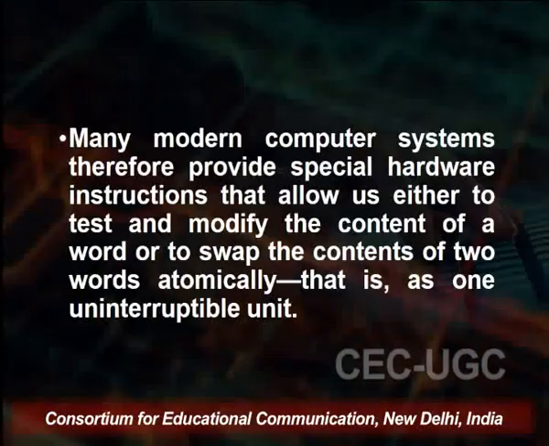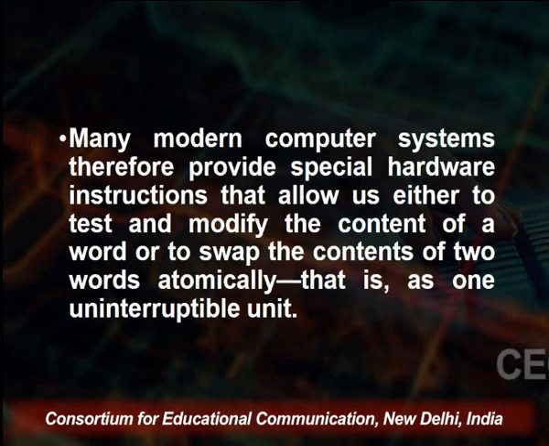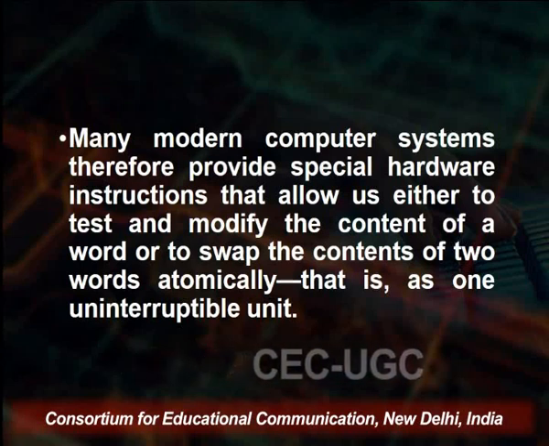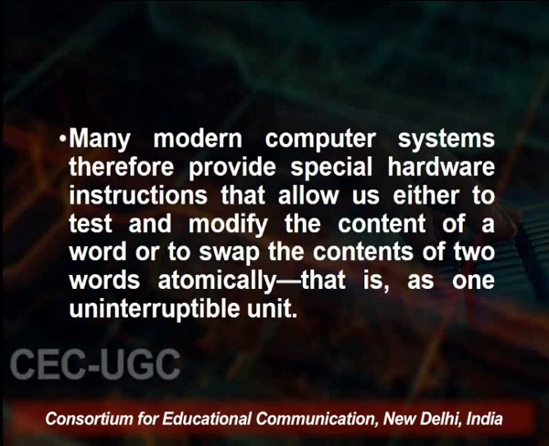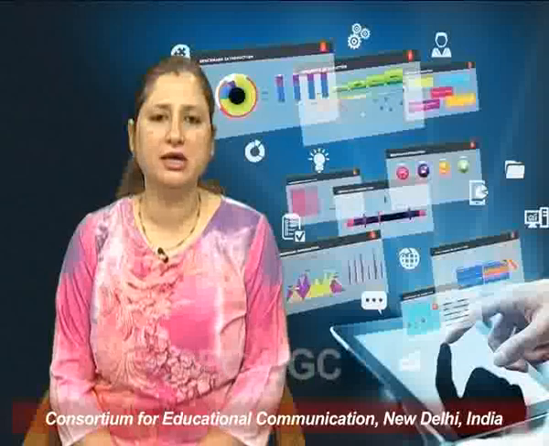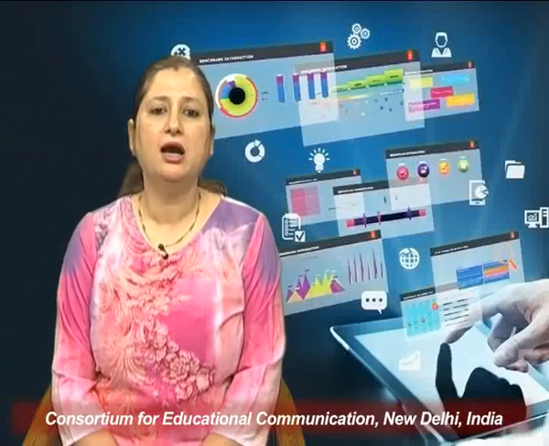So most modern computer systems have a special hardware instruction, and this hardware instruction allows us either to test and modify the content of a word or to swap the contents of two words atomically. Atomically means that it executes one at a time and it cannot be interrupted.